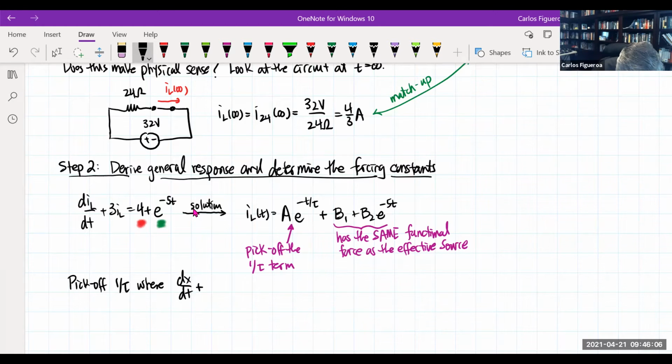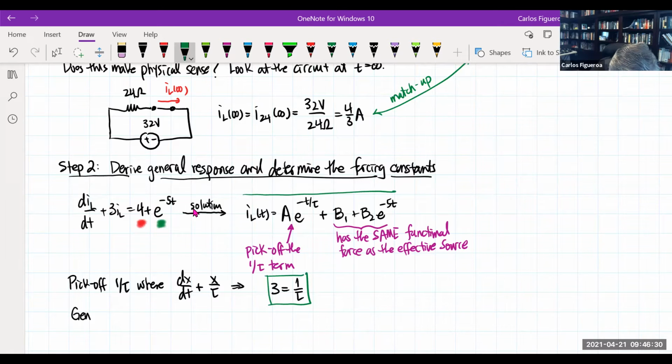So this tells me that 3 must be 1 over tau. So of course, I now have what that equation looks like. So my general response now, I should be careful here. I should be highlighting this guy.